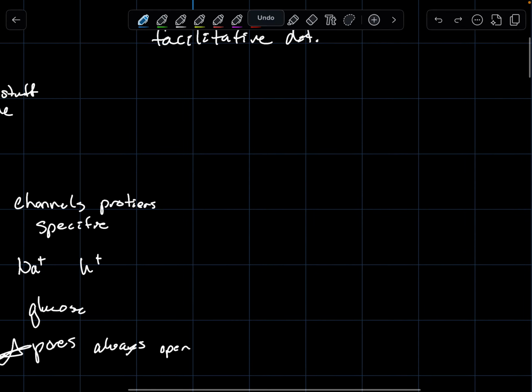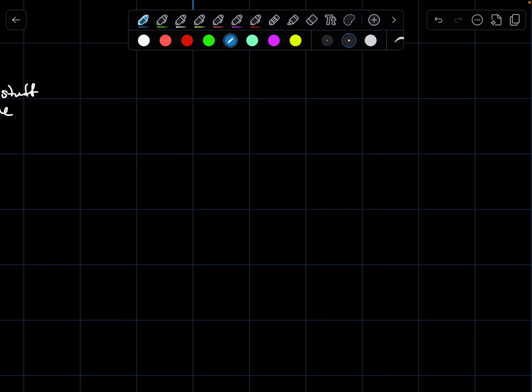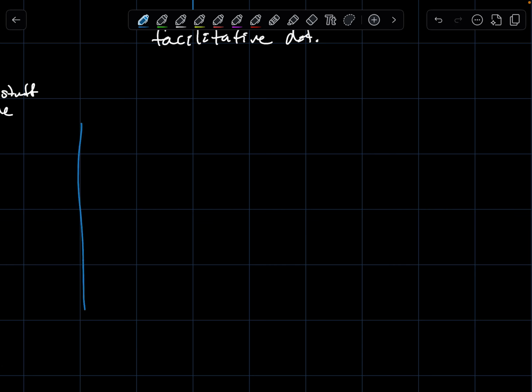An easy way to describe facilitative diffusion, just think about as if we had a certain number of proteins, and a certain amount of ions.